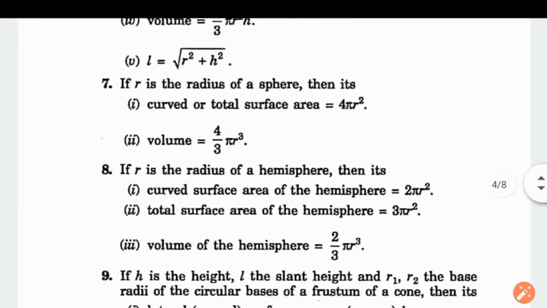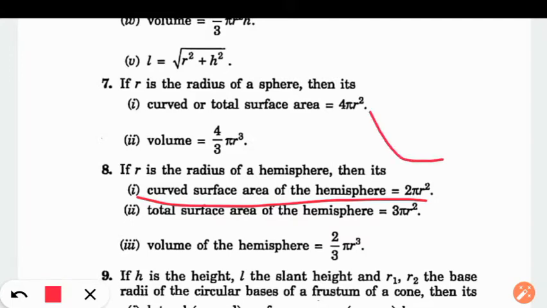Now number 8, it is about hemisphere, half of the sphere, hemisphere. So to find the curved surface area of the hemisphere, the formula is 2 pi r square. You have seen the hemisphere, I think. This is the surface of hemisphere, and here we have one more circle like this, right?